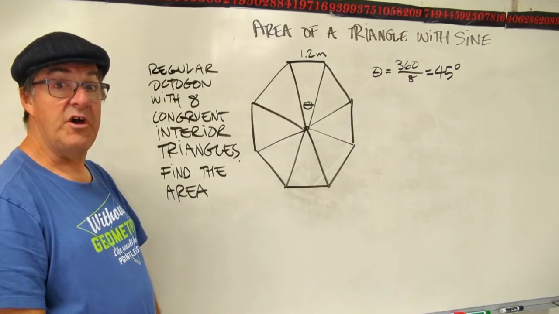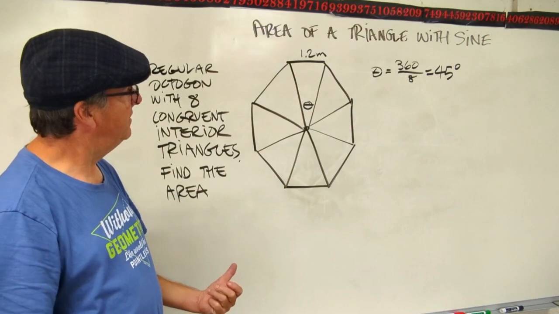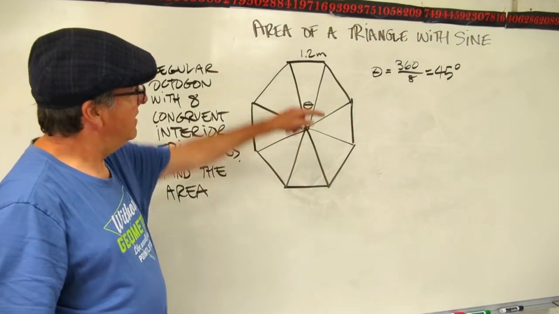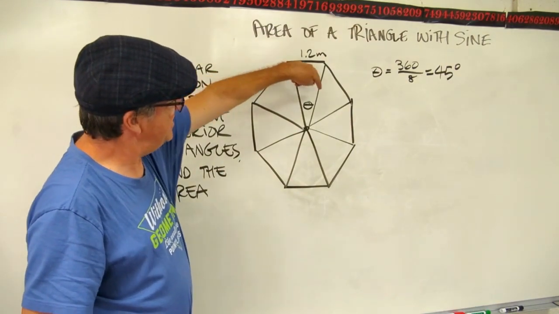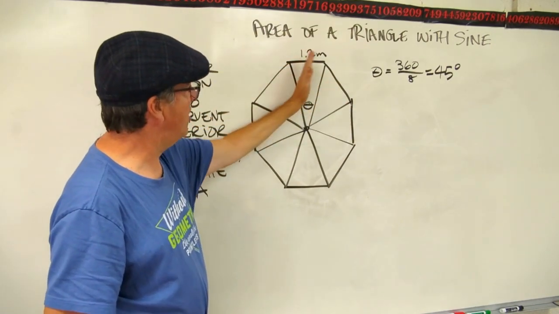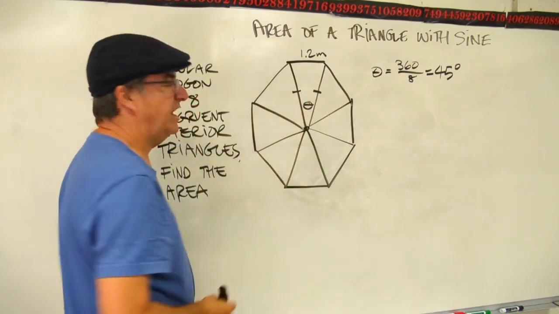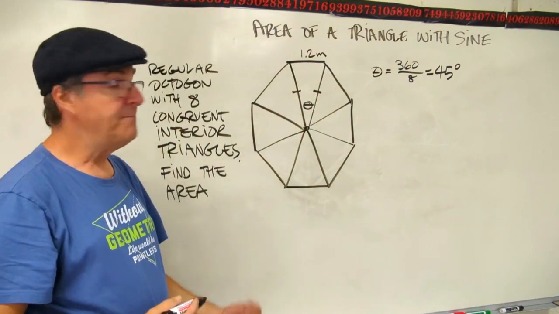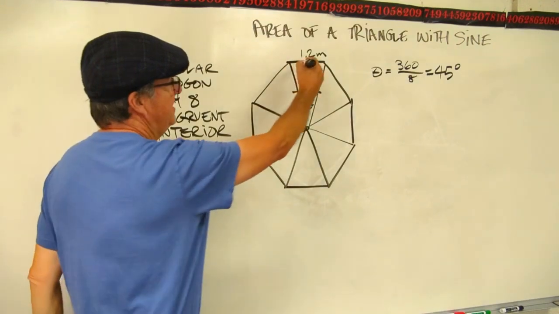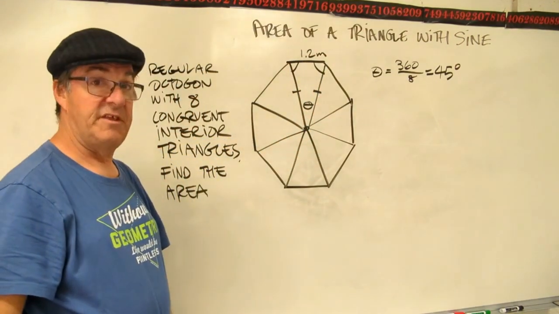So far, so good. Now, we need a little bit more information. Okay, so check it out. If these sides are equal length, because these are all congruent triangles, it's a regular octagon, we know that these sides are equal. That means we also know that these two angles are equal. Now we can figure them out.